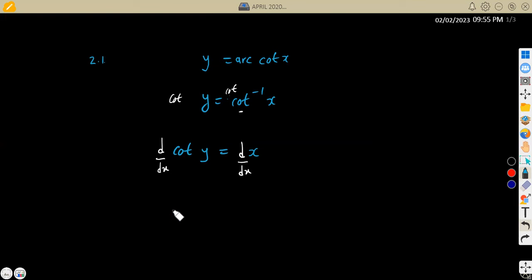So with respect to y, remember cot gives us negative cosec squared, so it is going to be negative cosec squared y like that. But for the answer that you're going to have, you multiply with dy/dx. Take note, it was a derivative with respect to y, but it is supposed to be with respect to x.